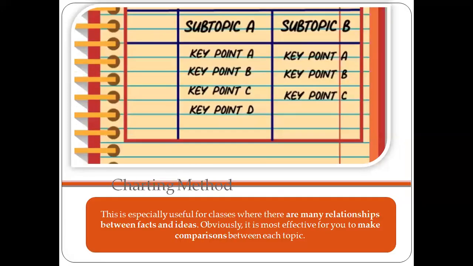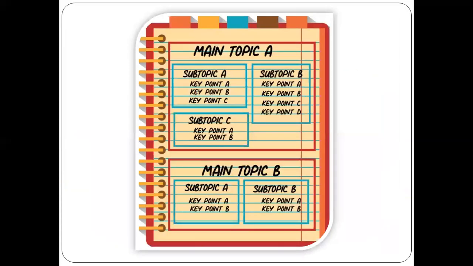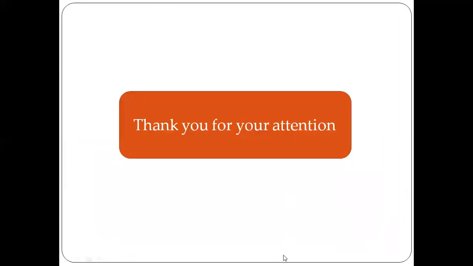And the charting method. Charting method is also a very useful method from the 5 types. Well, and the last one, boxing method. You can see also here the example of the boxing method.